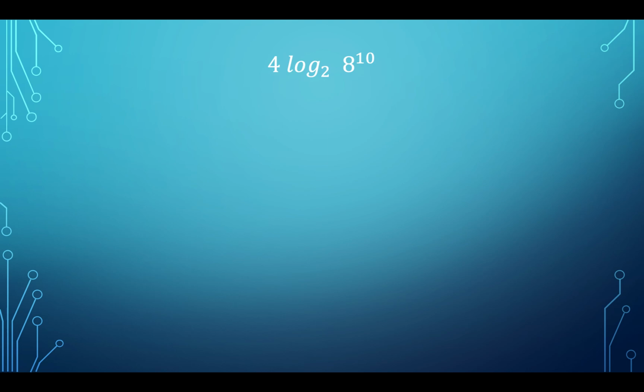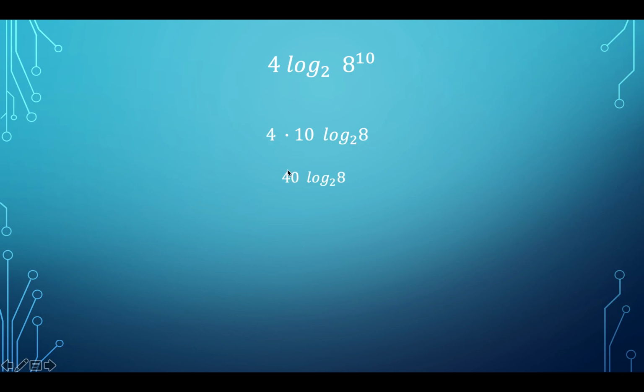Now for this problem. Remember how I told you we can have a number in front? Well, now we have 4 times the log base 2 of 8 to the 10th power. We still got to bring this 10 power down into the front. So now it becomes 4 times 10 times the log base 2 of 8.